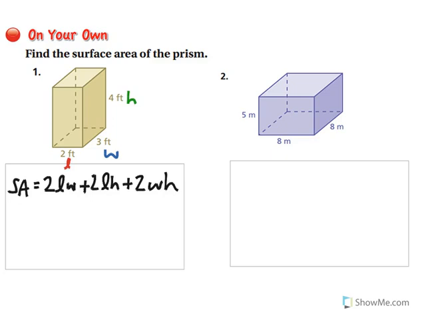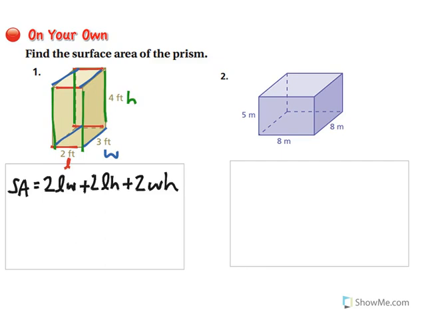I think they're helpful. Maybe it's easy for you to look at this as everything here that's red is 2, everything that is green is 4, and everything that's blue is 3. Maybe that makes it easier for you. There are lots of different ways of looking at this.